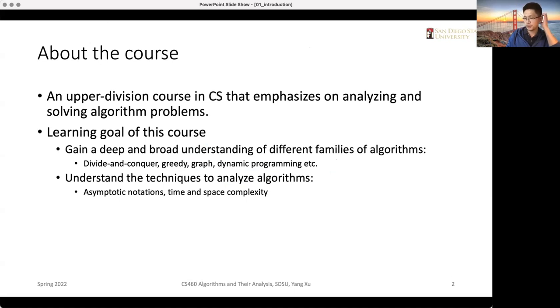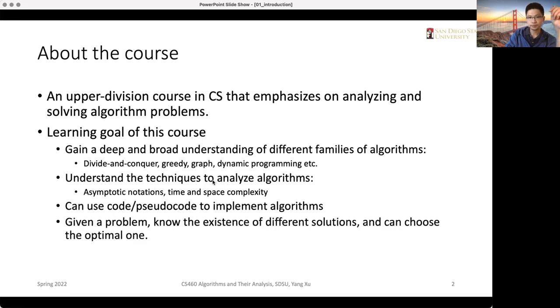So these are kind of the universal language to describe the running time of an algorithm, the memory cost of an algorithm. Okay, we're going to know about the mathematical definition of those big O, big omega, and big theta notations, and we'll study cases where and how these notations will be applied.